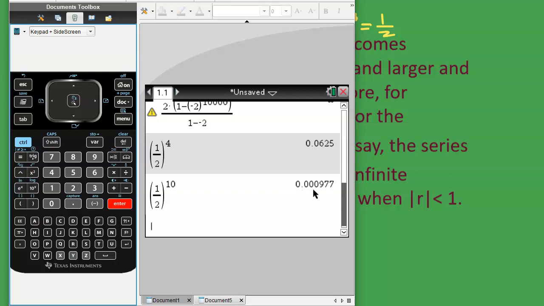It is 0.000977. Can you see? As I am increasing the power, the value is decreasing.